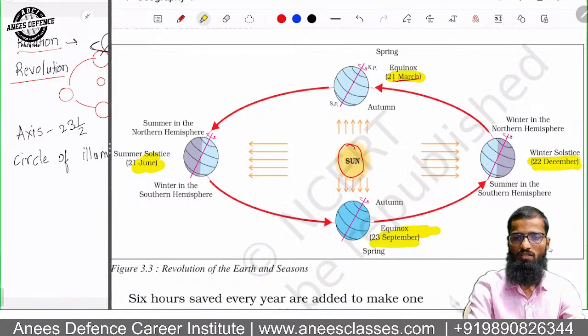So it is almost a difference of 3 months: March, June, September, December. And this is how the earth's revolution has been shown.